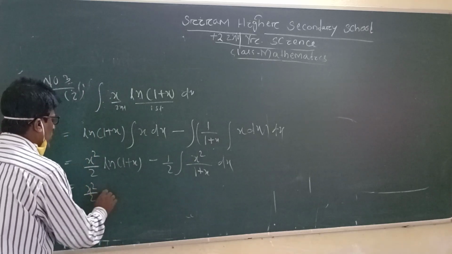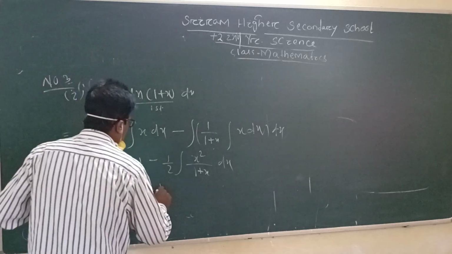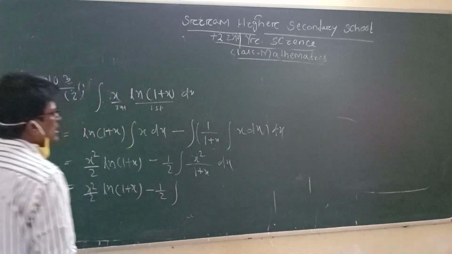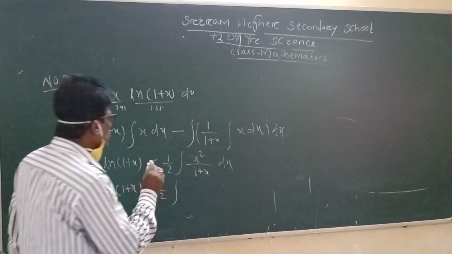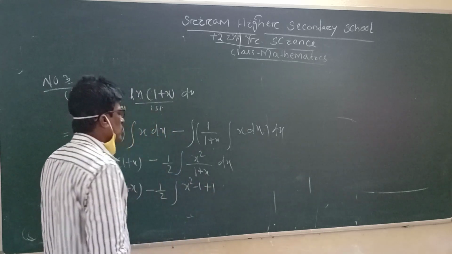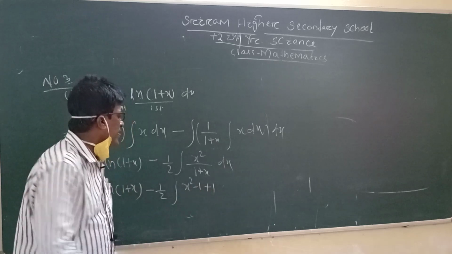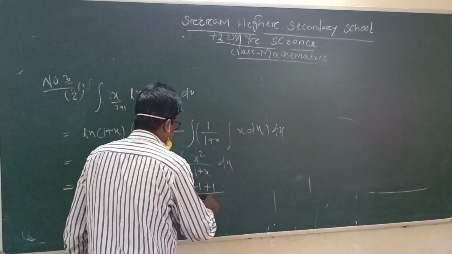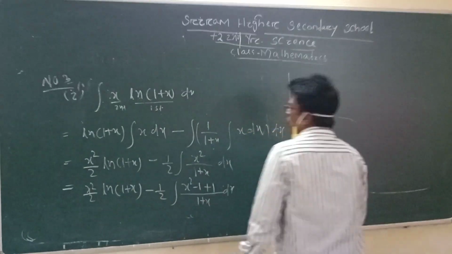x square by 2 ln(1 plus x) minus a half, that is x square by 1 plus x dx. So you just use the identity: x square minus 1 plus 1. I am subtracting 1 and adding 1, divided by 1 plus x dx. You look how to evaluate.